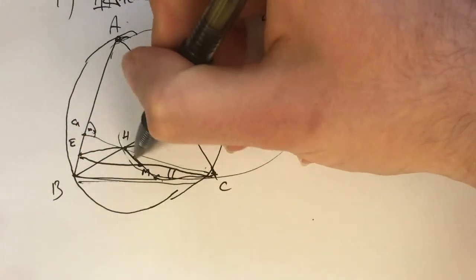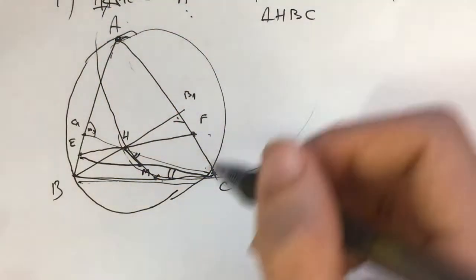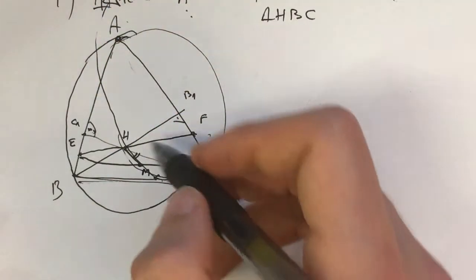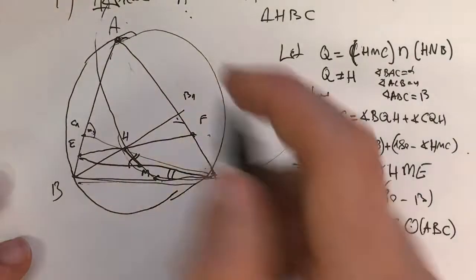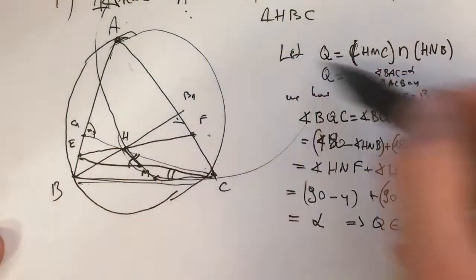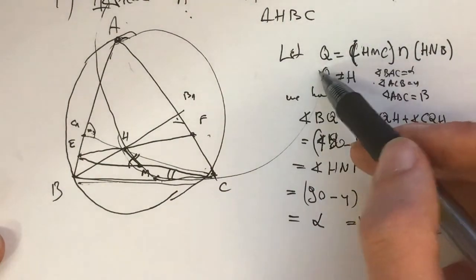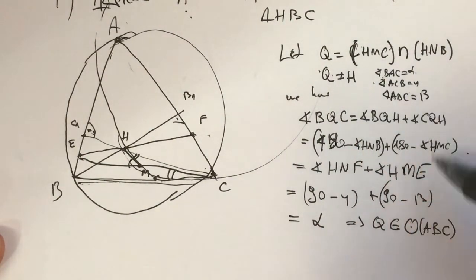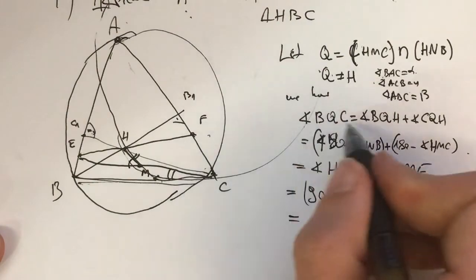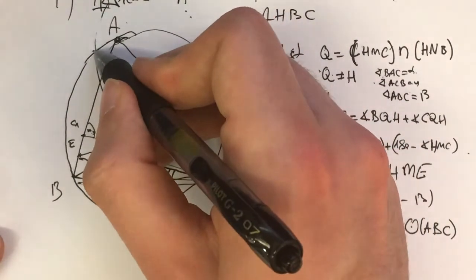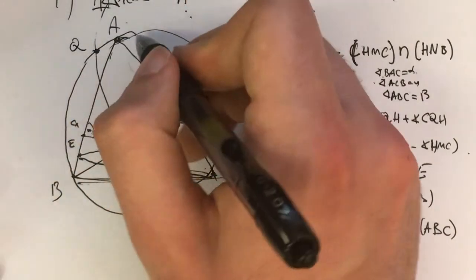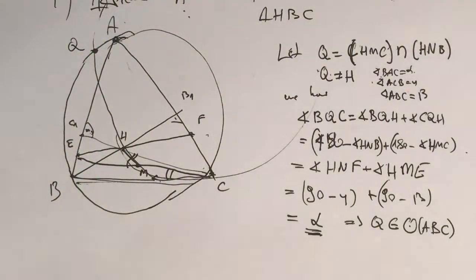So you intersect these two again, and we let Q be the intersection of these two circumcircles that's different from H. We call these angles what they are. And we have that BQC ends up being equal to alpha, which means that this point Q is actually on the circumcircle of ABC. And this makes Q an interesting point because it has that extra condition that we didn't know to begin with.